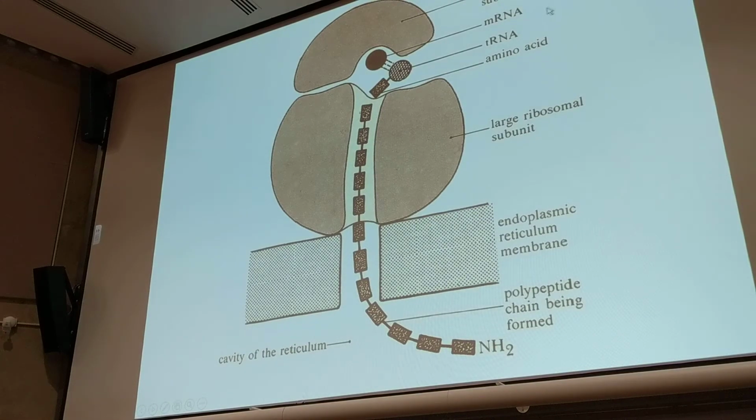Here's an example. So we have the two subunits, the small and the large ribosomal subunits. The mRNA, the tRNA, the transfer RNA, the new protein that is made out of the addition of the minimal components or the amino acids, a recognition signal here that creates like a channel within the endoplasmic reticulum and leads to the attachment of the ribosome to the ER.